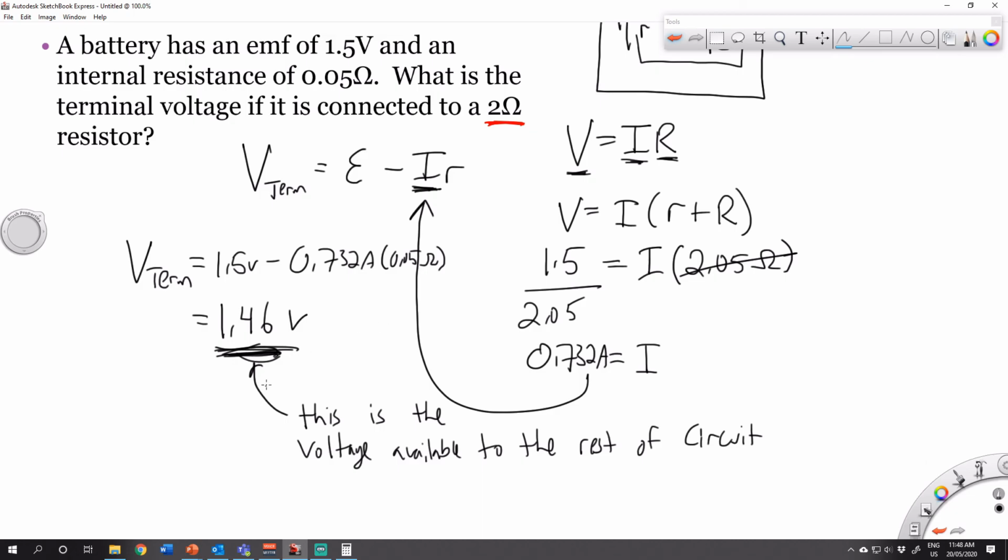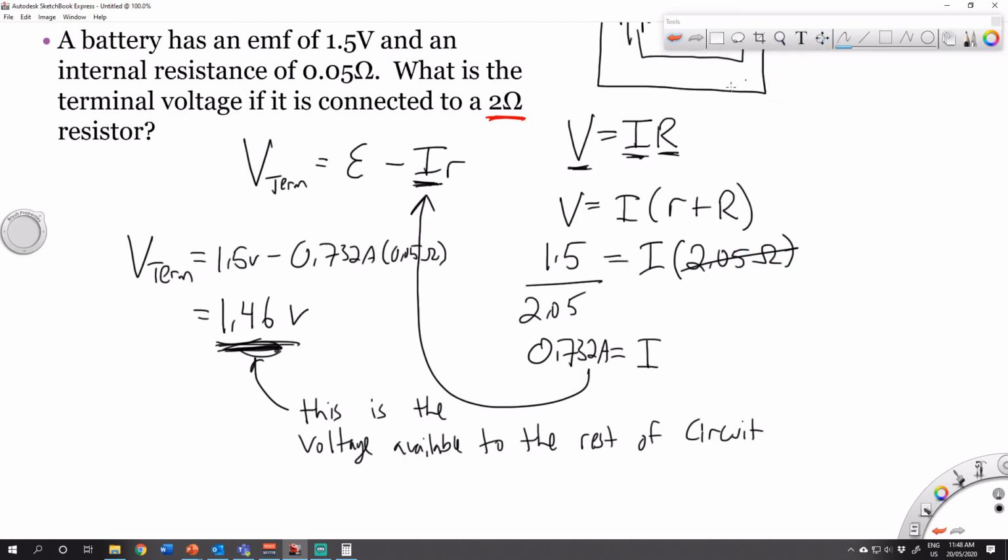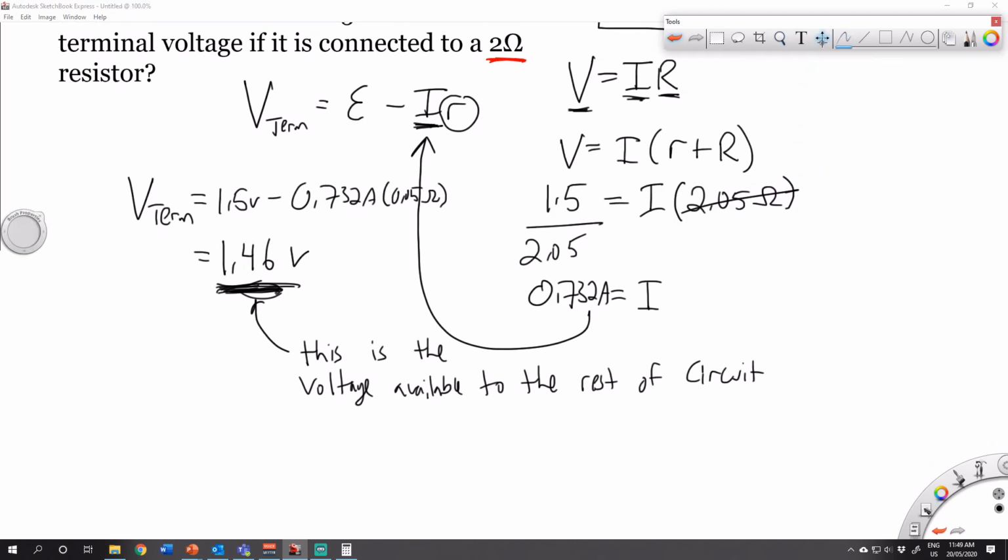If you had a light bulb that needed 1.5 volts of potential difference, and it's only getting this much, it might not shine as brightly. All batteries exhibit this because every battery has a small amount of internal resistance. We try to limit that as much as possible so that the terminal voltage equals its EMF, but we can't avoid it entirely.